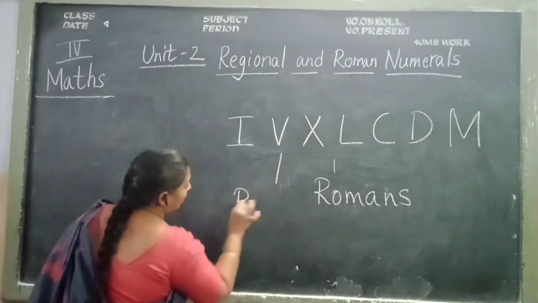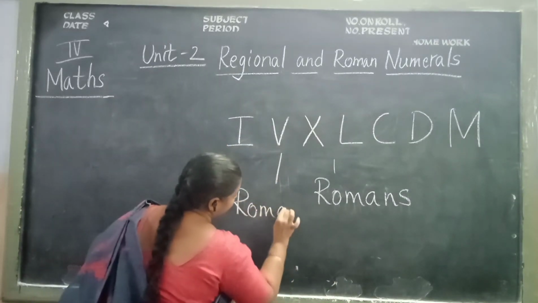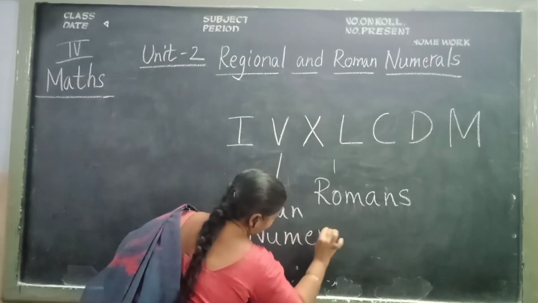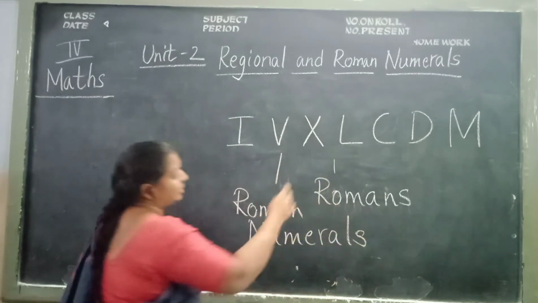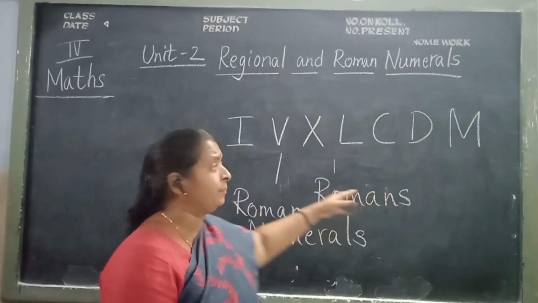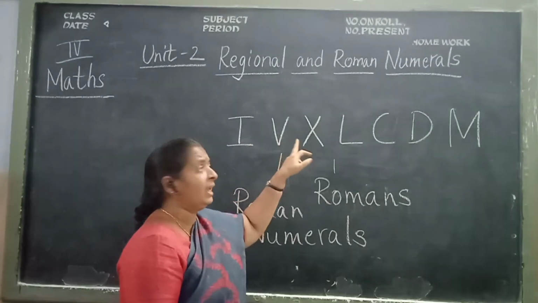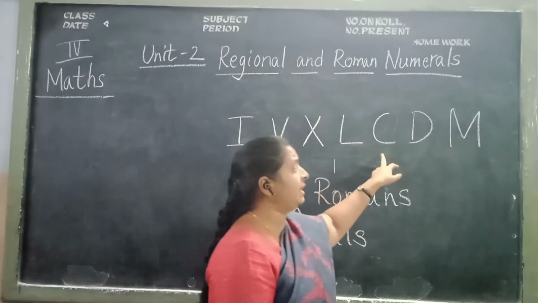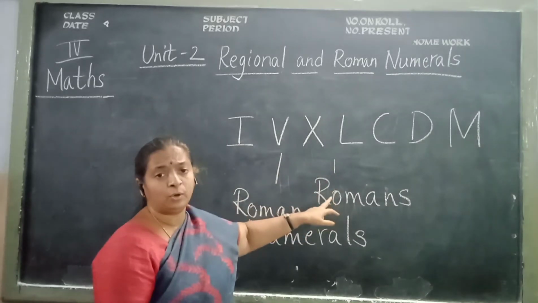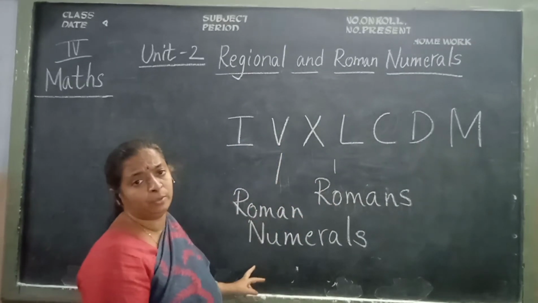These 7 symbols we can identify in alphabets. These were invented by Romans, so they are called Roman numerals. The 7 alphabets are I, V, X, L, C, D, M.